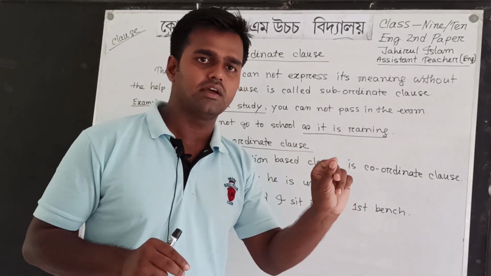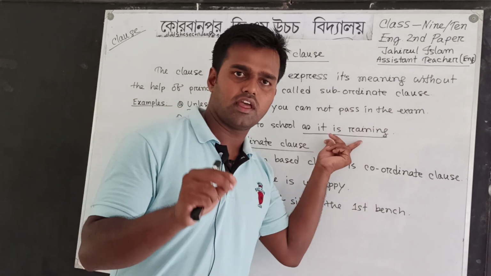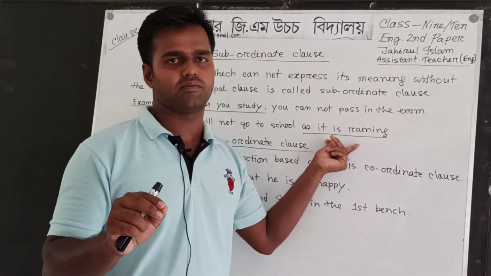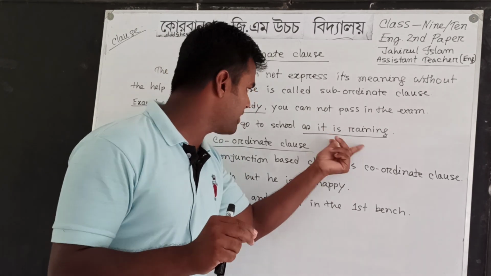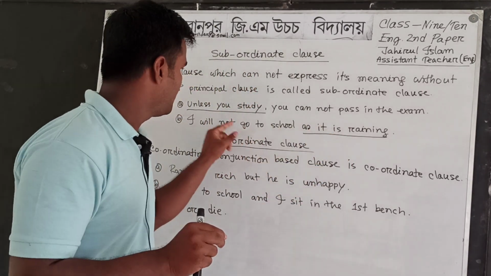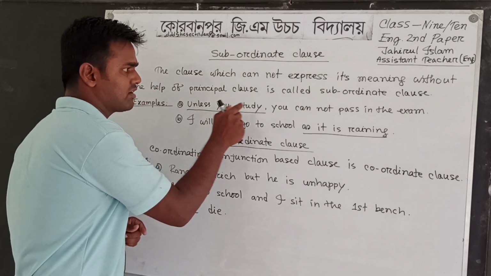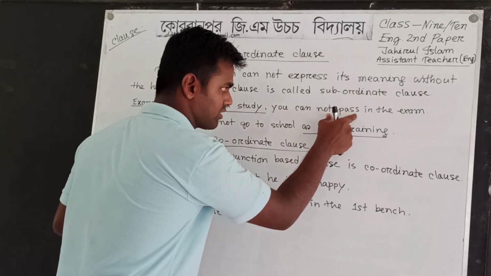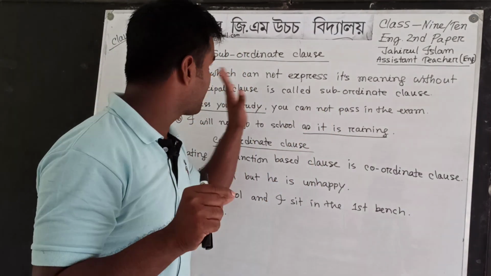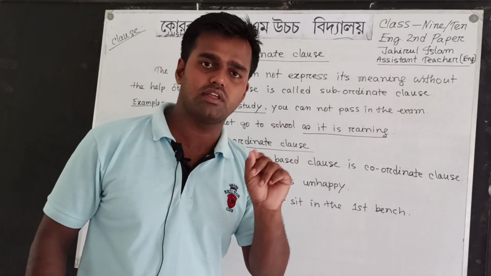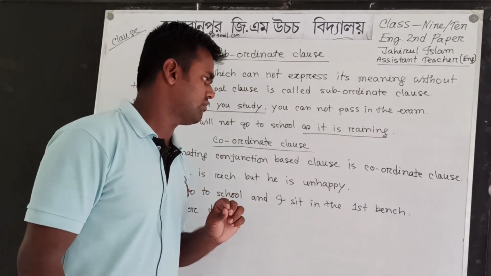When I have added "I will not go to school," then the clause has expressed its full meaning. That's why it is a subordinate clause. It depends on the principal clause. That's why I have told you the other name of subordinate clause is dependent clause. I hope you all have understood very clearly.